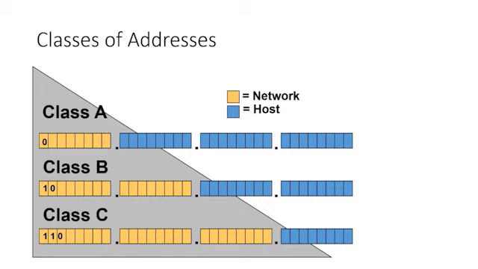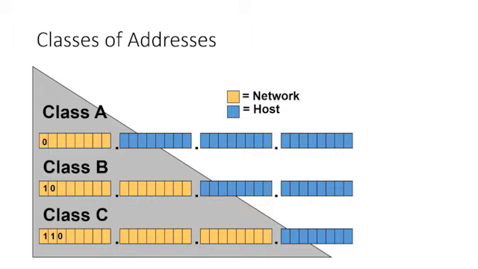So now we have more networks, but they're getting smaller. We went from 16 million down to 65,000. A little bit of a difference there, right? And then we have a Class C. And you can see we moved over the network portion one more octet. So now we have more networks. We have 2 to the what power?